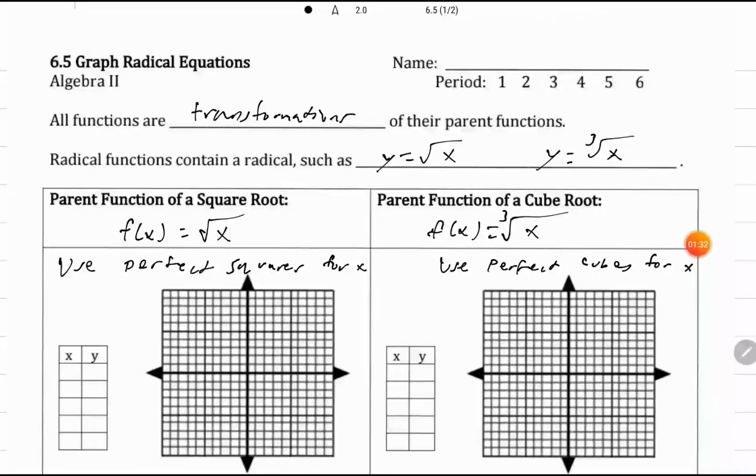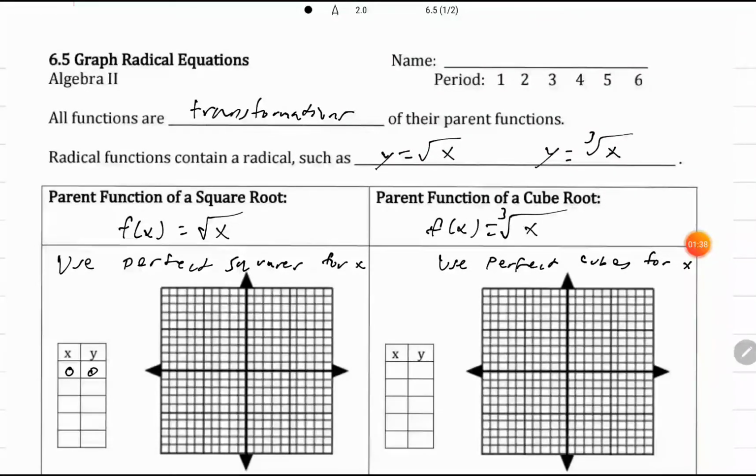Well, it's basically the same thing, because I'm going to put in 0, and square root of 0 is 0, and then put in the square root of 1. So perfect squares: 1 squared equals 1, 2 squared equals 4. For cubes, 2 cubed is 8.